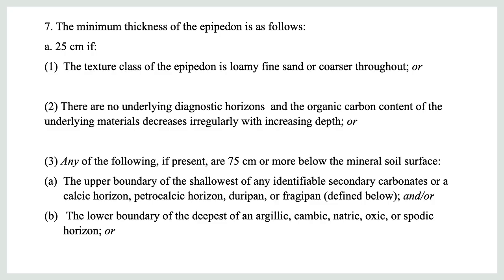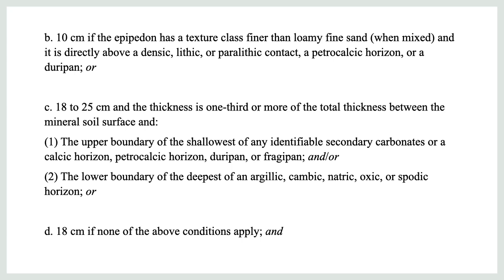So these horizons or these materials should be below 75 centimeters, okay? Or the lower boundary of the deepest of an argillic, cambic, natric, oxic, or spodic horizon. So they need to fit the lower boundary of one of these horizons, okay?